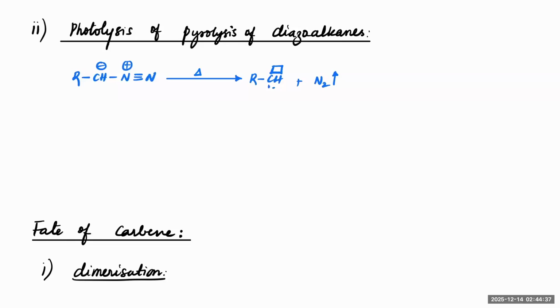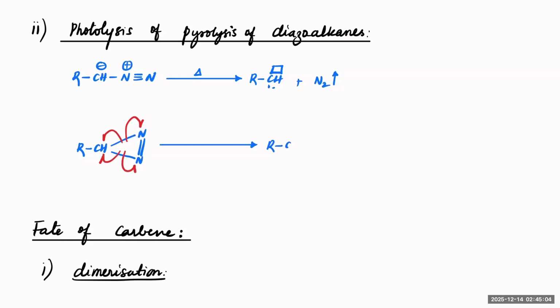Next, the same structure could be like this also: CH like this, N, another N here with a double bond on it. And here, how the bond breaking takes place: this side will get a dot, this side will get a dot.